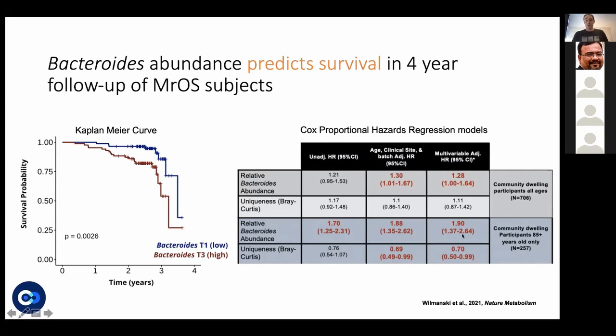Even if you control for all of that, you still see that you're significantly more likely to perish at follow-up if you had high Bacteroides or low uniqueness at the baseline time point.